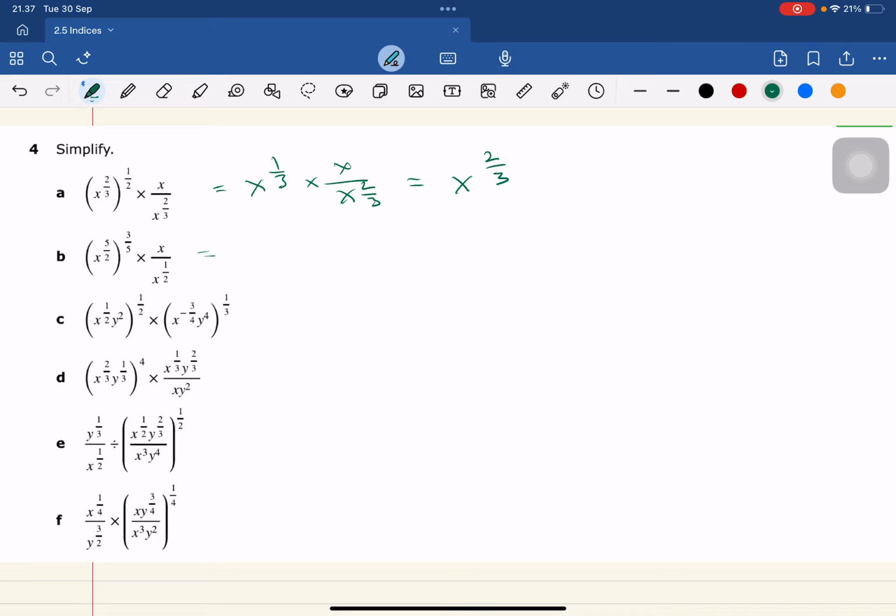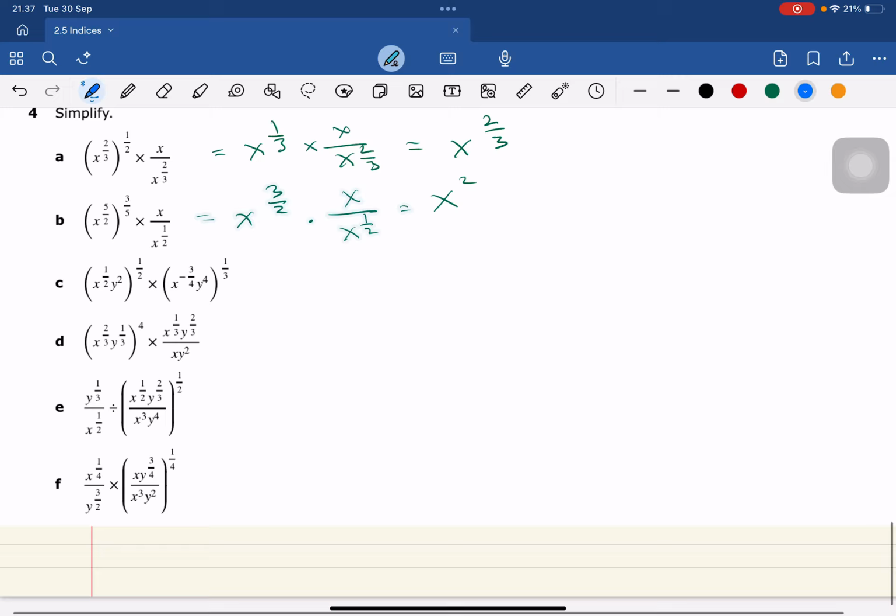Next, for b. Look at this carefully. 5 over 2 times 3 over 5. So which gives us the answer of x 3 over 2. And then multiply it by x over x power of 1 over 2. Which will give us the answer of x power of 2.